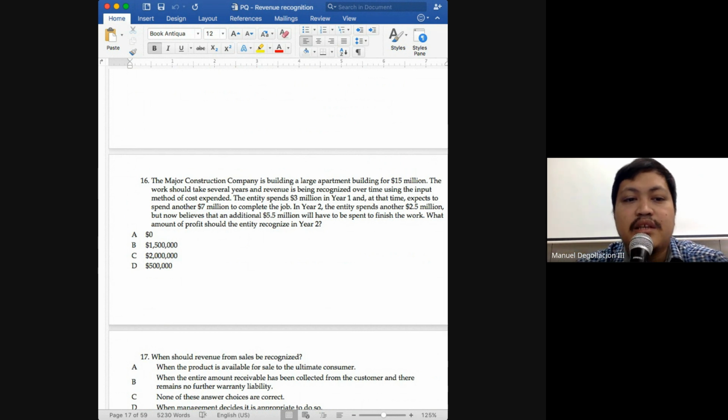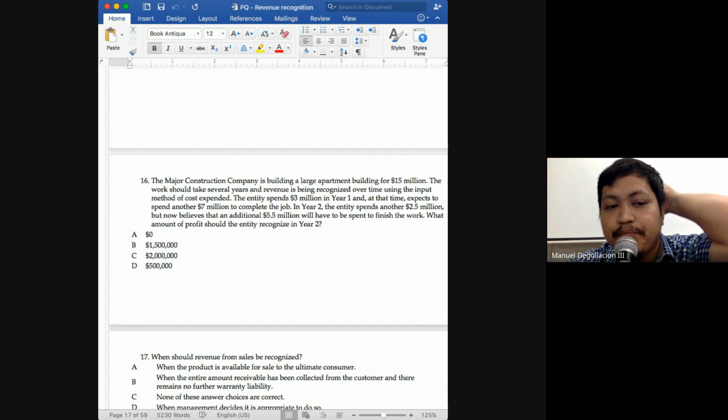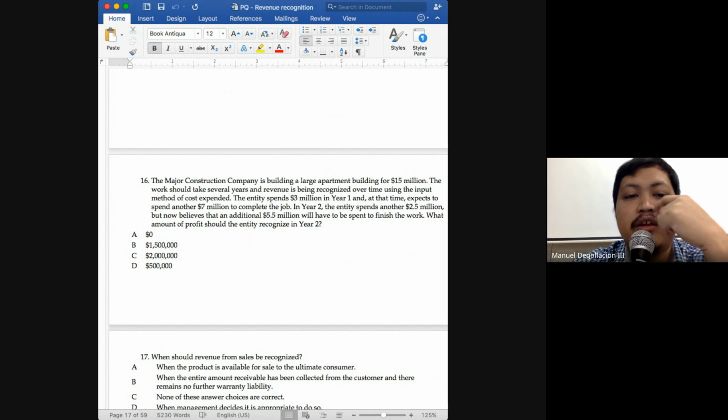The work should take several years and revenue is being recognized over time using the input method, because if you're using the input method, you will use the cost you have incurred. The entity spends 3 million in year 1 and at that time expects to spend another 7 million to complete the job. In year 2, the entity spends another 2.5 million, but now believes that an additional 5.5 million will have to be spent to finish the work.